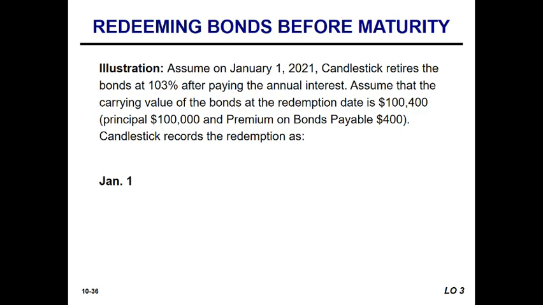First thing they need to do is get rid of their obligation on the bonds payable. So they will debit bonds payable $100,000. They then need to remove the rest of the carrying value. That's the premium on bonds payable of $400. They will debit that, my apologies, $400.